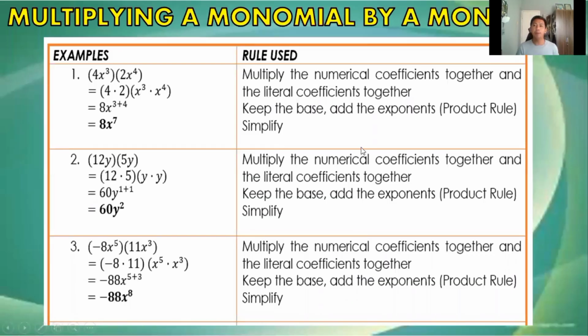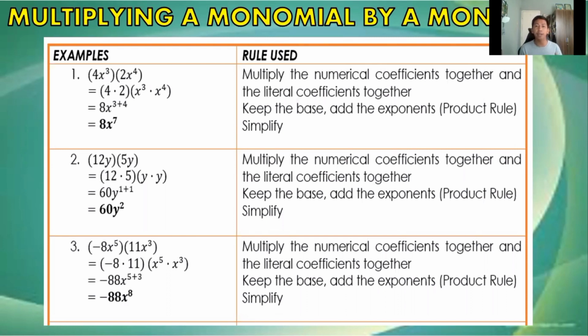We now proceed with the first one, that is multiplying a monomial by a monomial. Let us define once again the term monomial. We are dealing with one term, multiplied by another one term, or in short, a monomial by a monomial. Their product will be a monomial only.